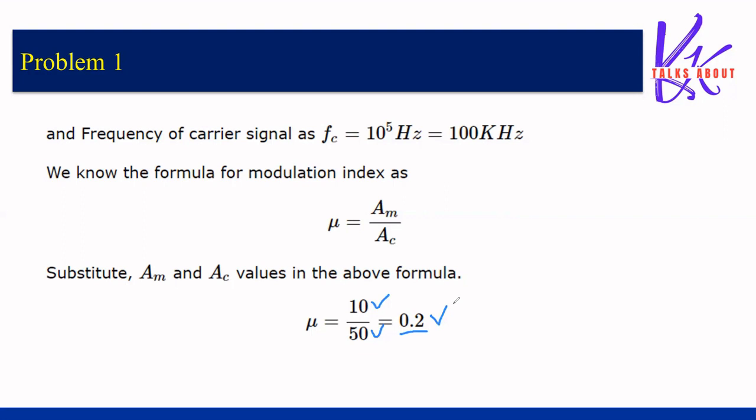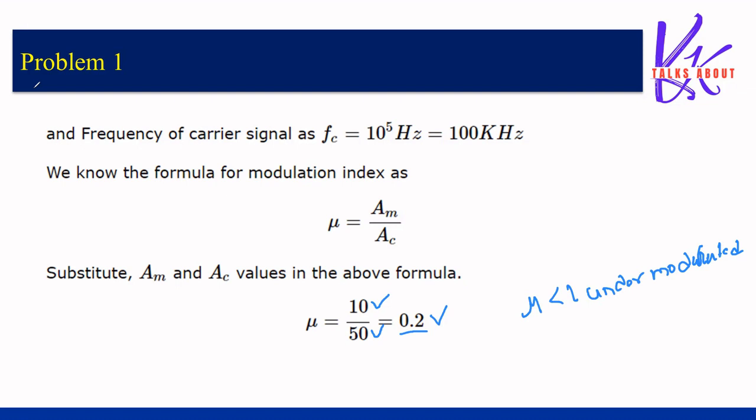If the modulation index is equal to 0.2, that means your mu is less than 1, which is an under modulated wave.